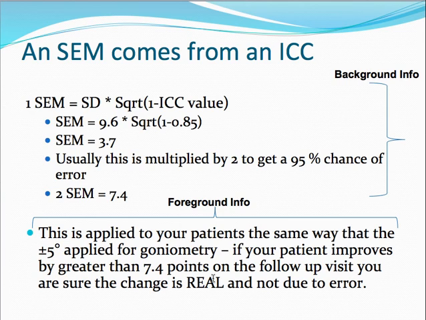But if they scored higher than their pre-treatment score by a value of 7.4 points or higher, we know that their change in function, at least their perceived change in function, is real.